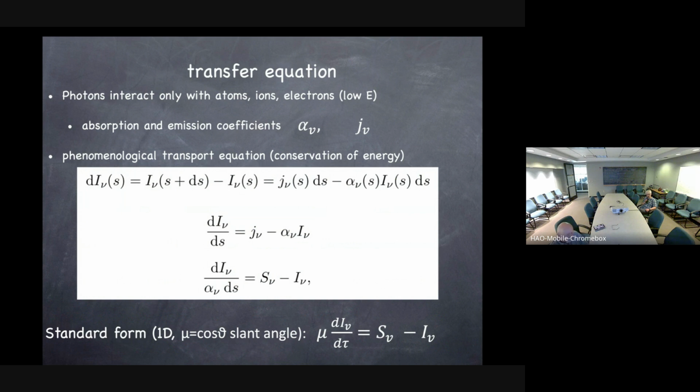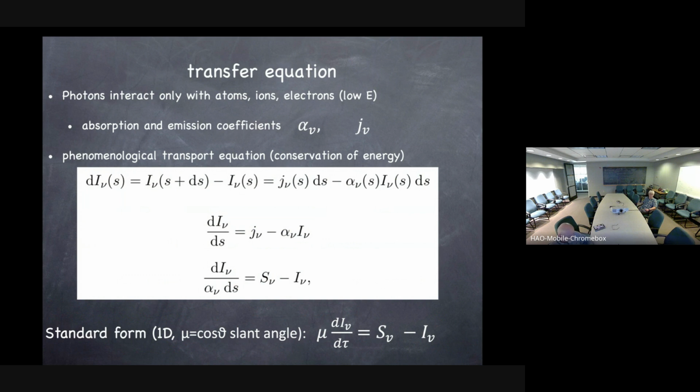And the other one says, how does the distribution function change in momentum along a certain direction? Now, in radiative transfer, I'm going to avoid the difficulty of knowing this. Obviously the second term is zero, because we've got photons which are massless.